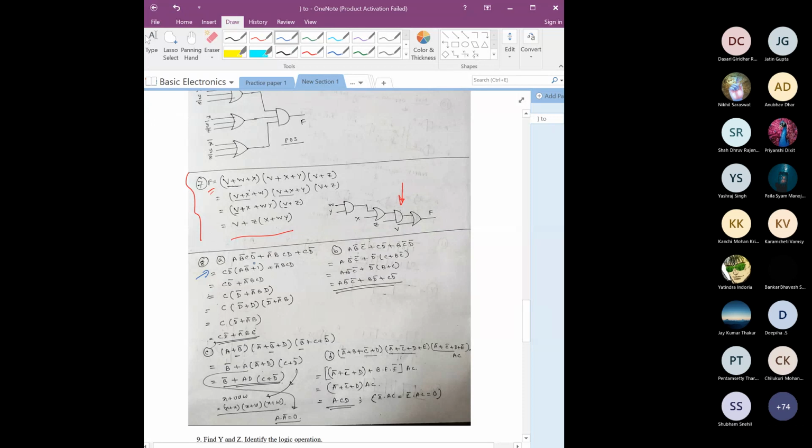There are a couple of ways by which you can solve them, right? You can even take help from the Karnaugh map if required, if you are finding it really difficult to solve using Boolean algebra. But if it is written that it has to be done using Boolean algebra, then you have to use Boolean algebra only.